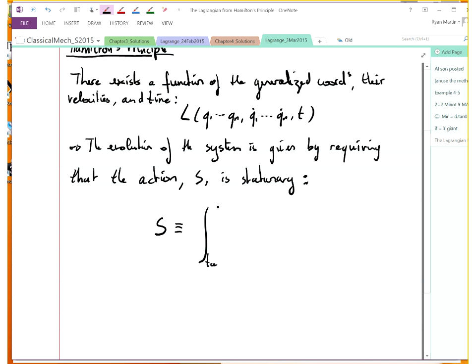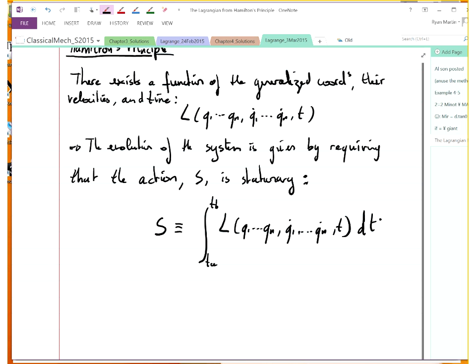So the action S we define as an integral over time from some fixed time ta to tb of our function L dt.